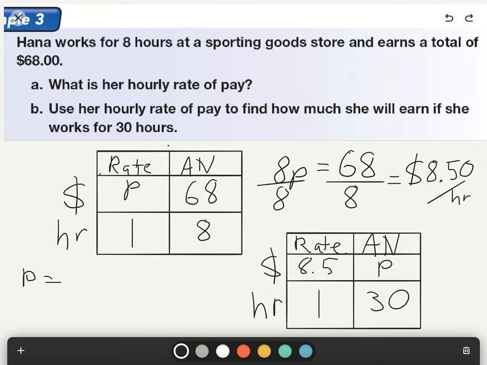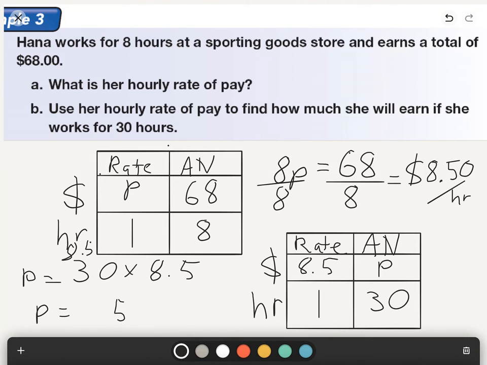Here, I'll do it like this: 30 times 8 5/10. Actually, I could do this, I can just do it from up there, a little shortcut here.